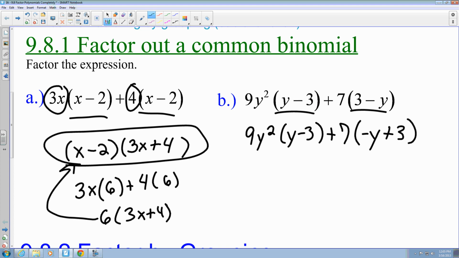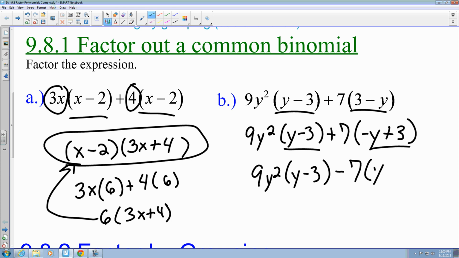Okay? So I want to get it to look just like y minus 3. So what I'm going to do is factor out a negative 1 out of this parenthesis. And by doing that, I'm going to make my 7 become negative. So if I write 9y squared times y minus 3, I'm going to go minus 7, and it's going to be y minus 3.